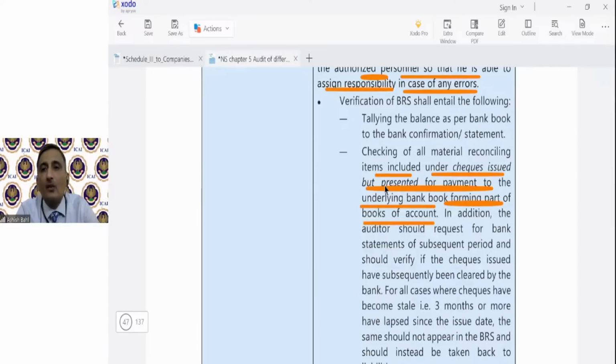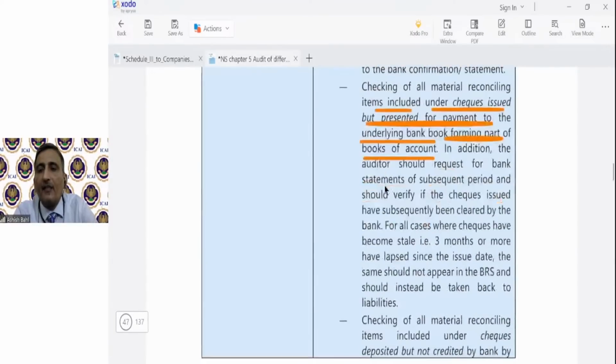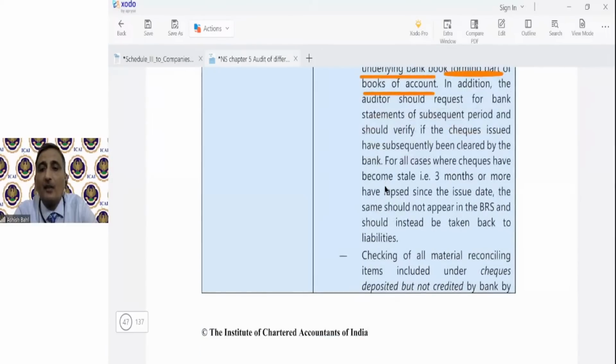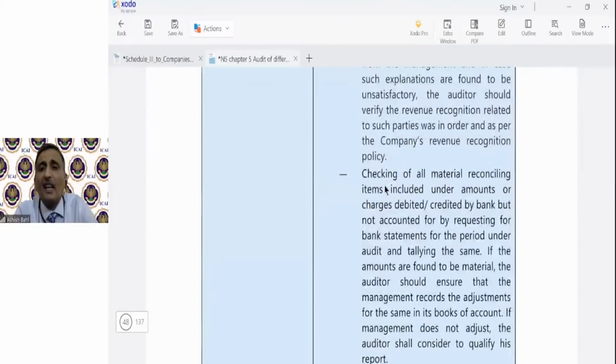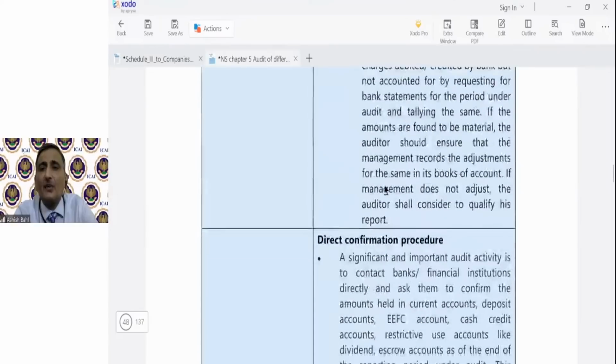Checks which have been issued by the company but presented for payment to the underlying bank. So all these different types of bank reconciliation items have to be seen by the auditor. Again, these are general things which you have already read.